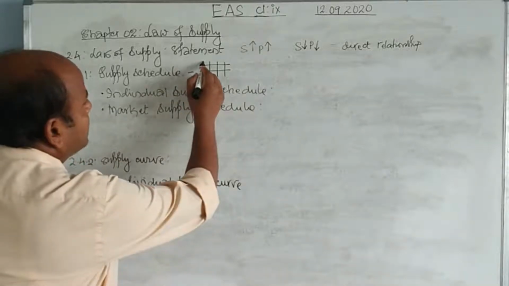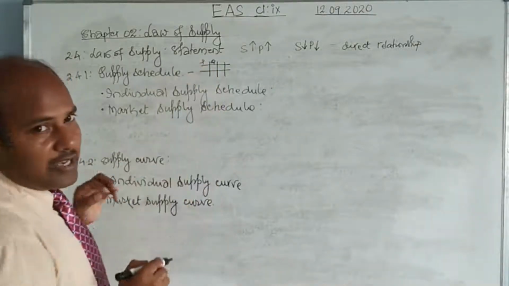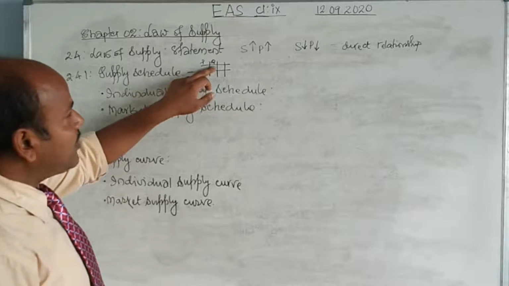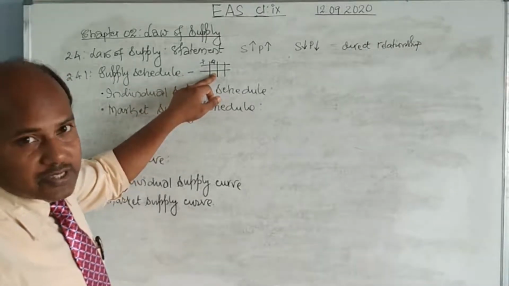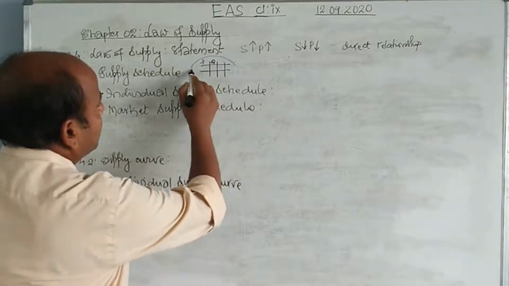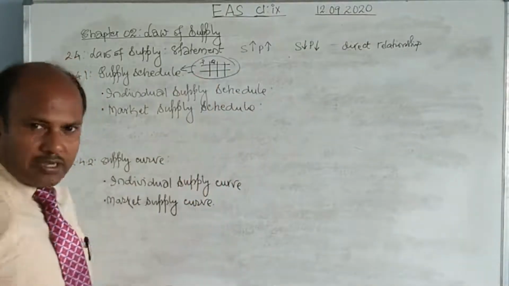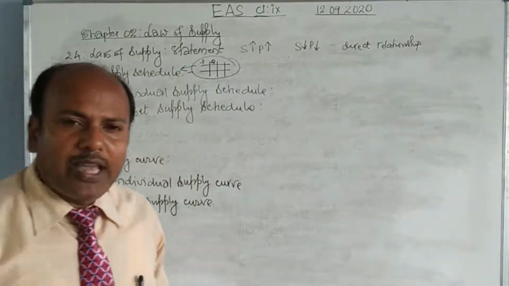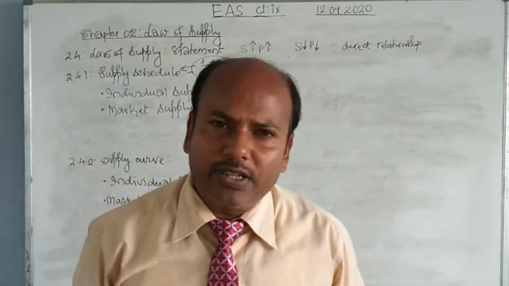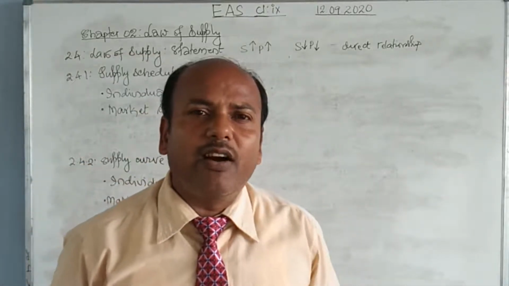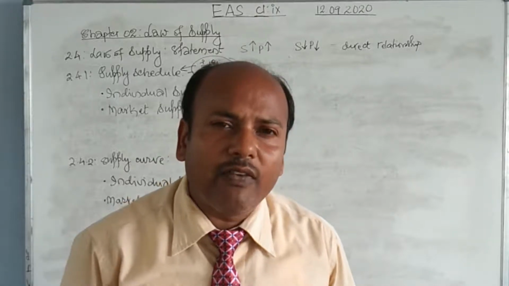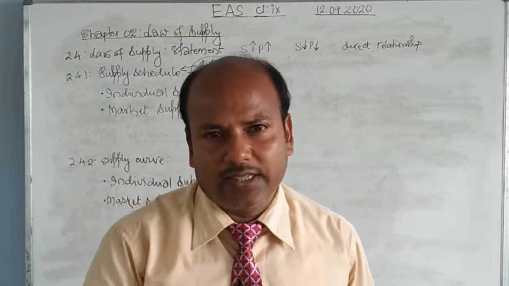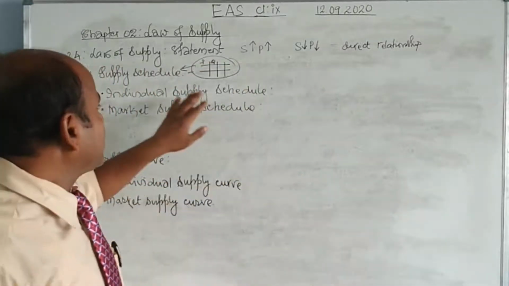So here price and here quantity supplied. At different prices, how much is the quantity that the suppliers are ready to produce and offer for sale? That table is called a schedule. Am I clear? So that is a supply schedule.